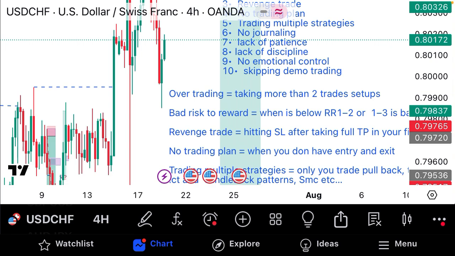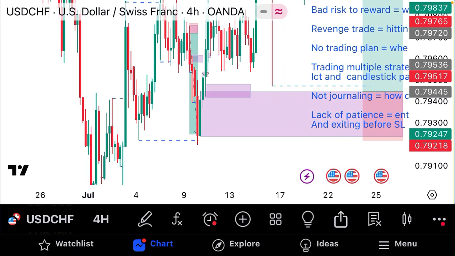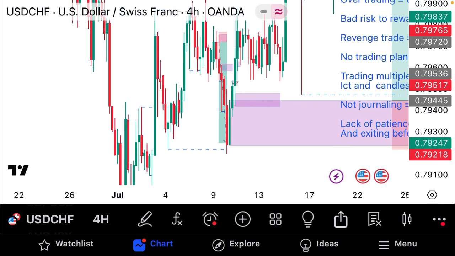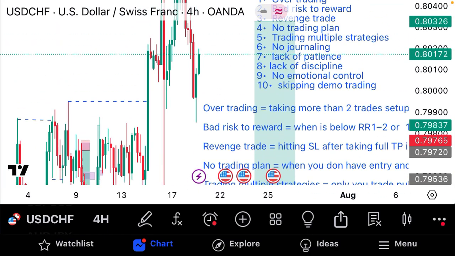Because if price was actually going in your direction and pulls back to your entry, when you don't have that discipline, emotion will kick in. And once emotion kicks in, fear comes in. That fear brings doubt, and you don't even know if this thing is going in your direction. You close out too early. You understand? So lack of discipline goes hand in hand with no emotional control.